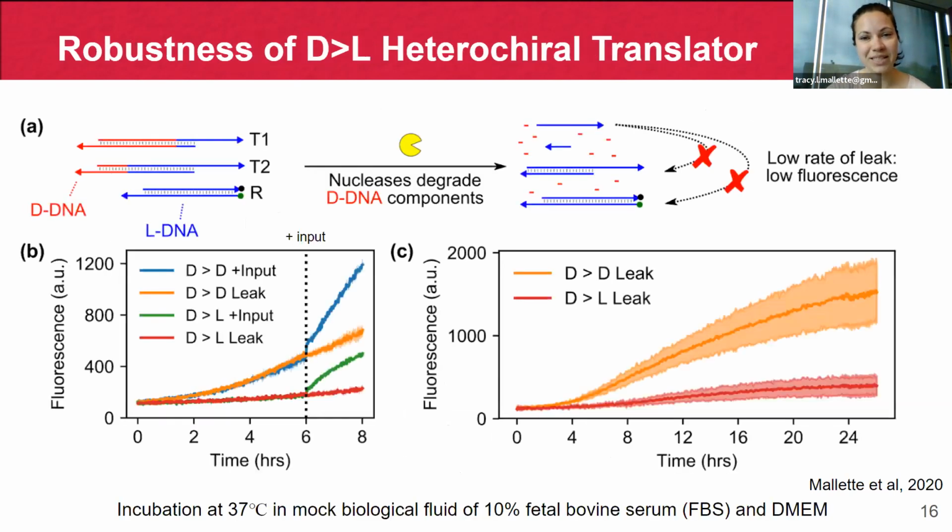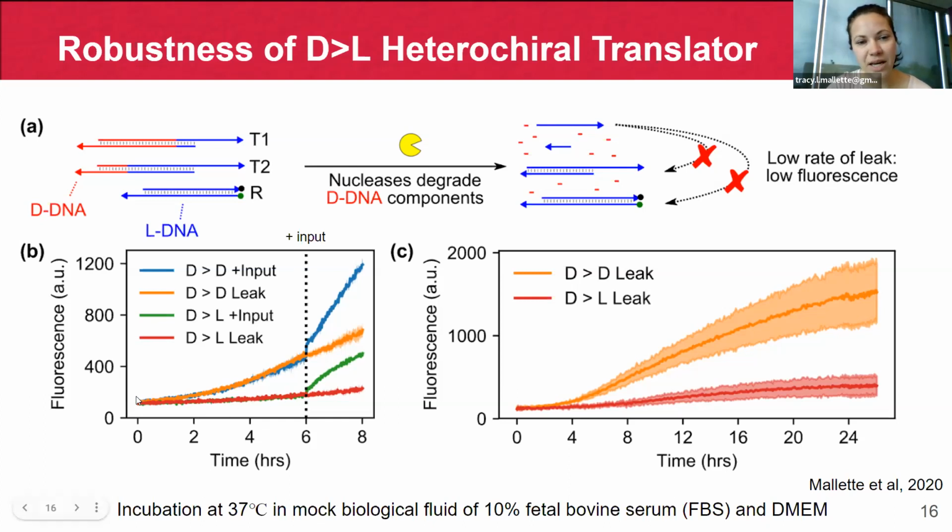But really what we wanted to see was how does this perform in the presence of nucleases? So we used serum, a mock biological fluid of 10% fetal bovine serum with DMEM in order to have active nucleases and everything that's needed to support them. And we started incubating this circuit at 37C.